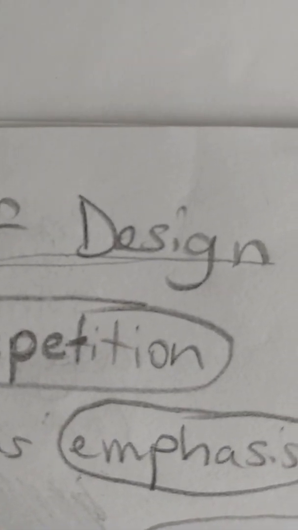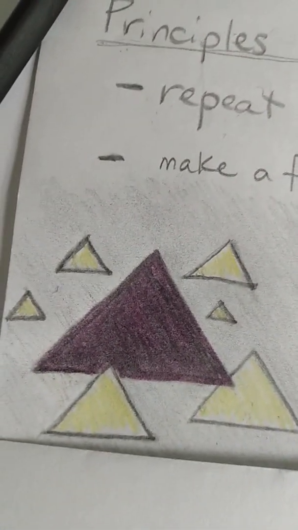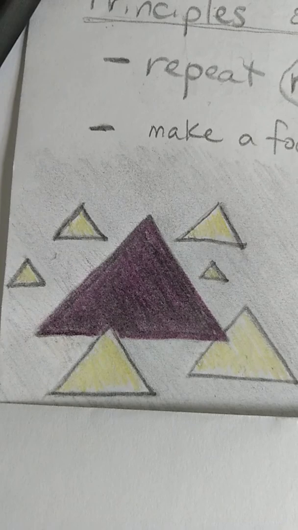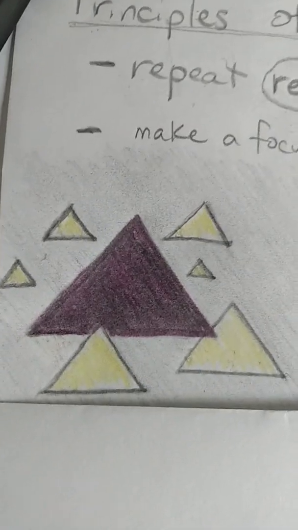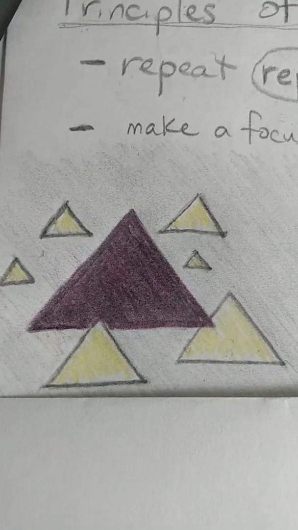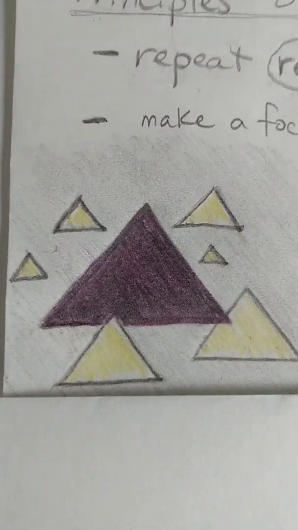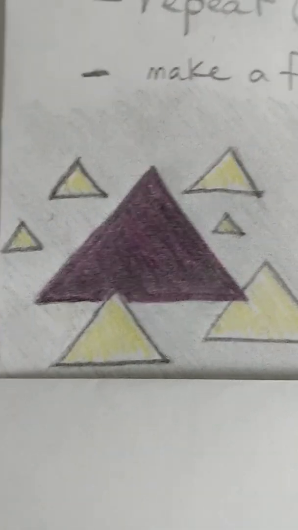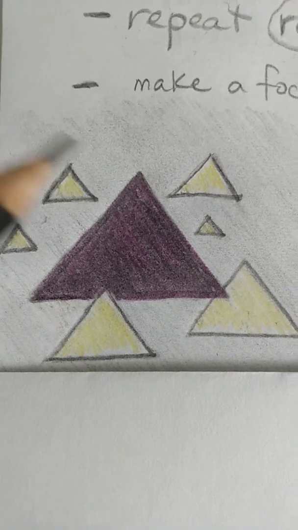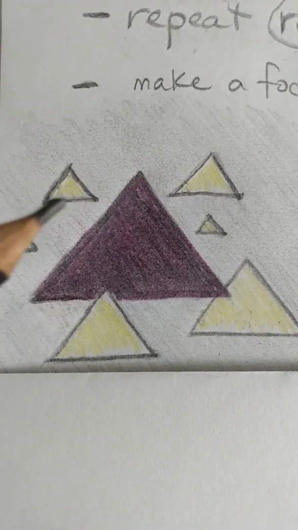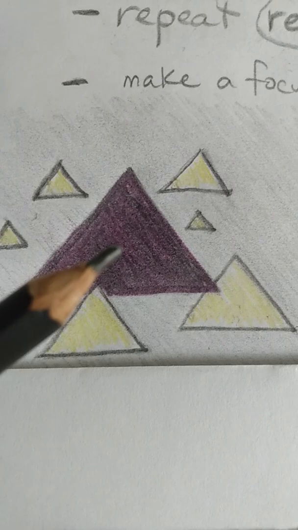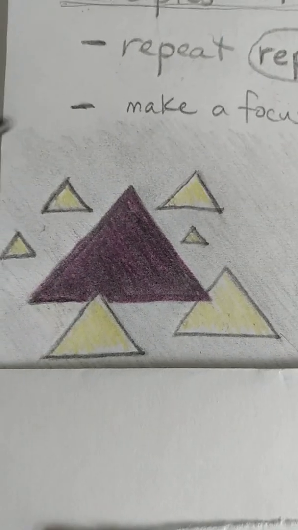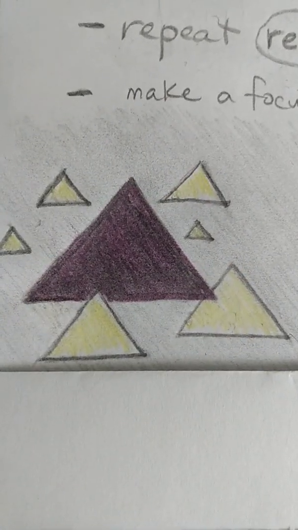These are the principles that we use to organize the different elements of art in order to create a good artwork. With this first project, we used a very simple technique of repeating triangle after triangle in an interesting way to create an artwork.